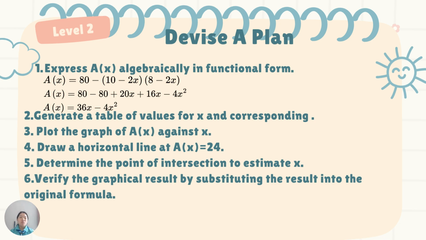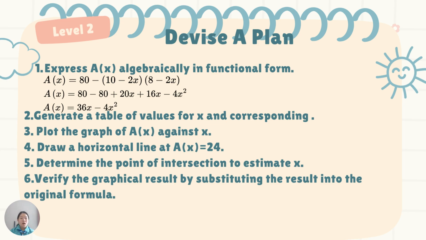Okay, let's come to the next step, which is devising a plan. In this plan, we have 6 steps to carry out the solution. For the first step, we express A(x) algebraically in functional form. So we will expand the equation in the bracket first, which is (10 minus 2x) times (8 minus 2x).